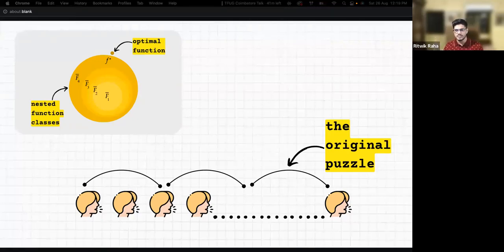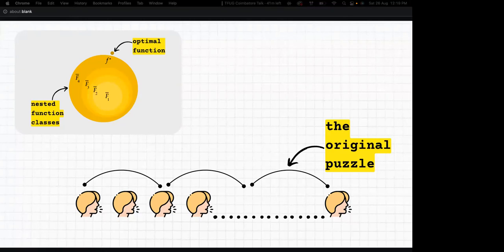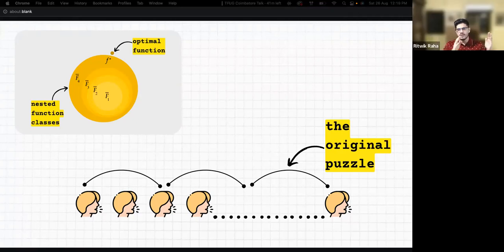But what is happening is that the original message is being replayed to, say, the nth friend in the row. And that ensures that whatever is lost in translation while we are whispering, the nth friend is actually getting the fresh information again. So they are propagating that. Okay, and that's exactly what we aim to do with nested function classes.